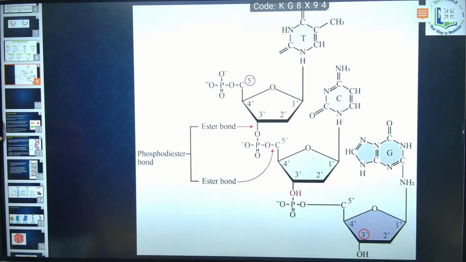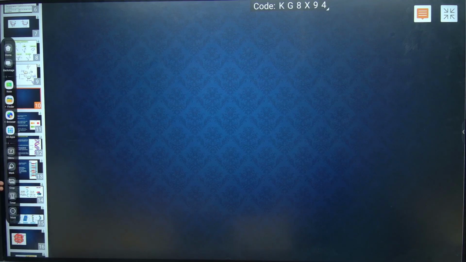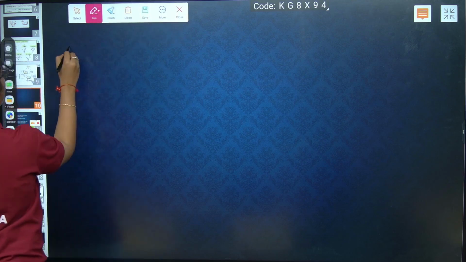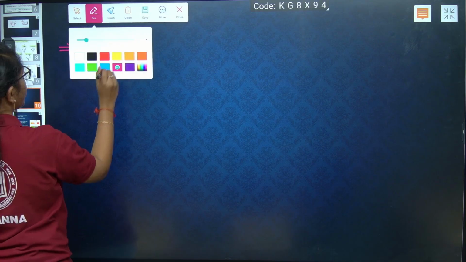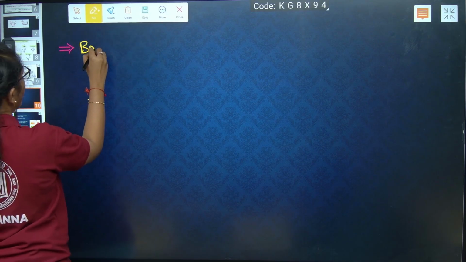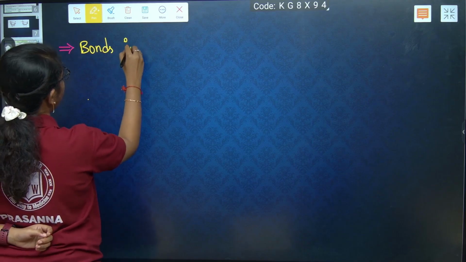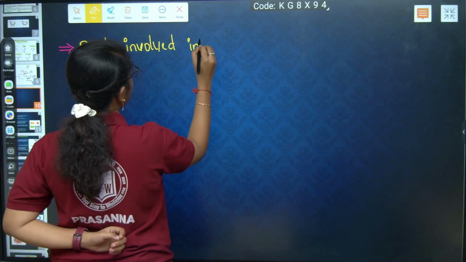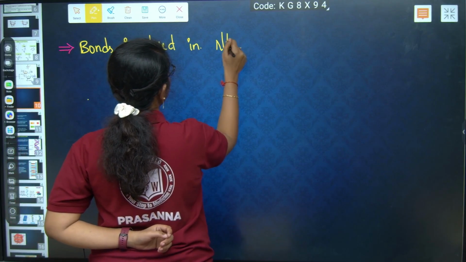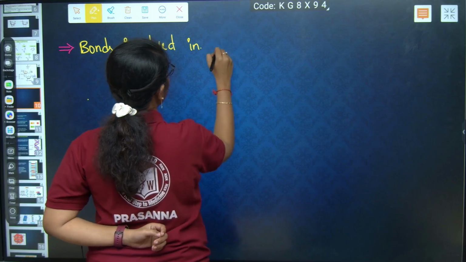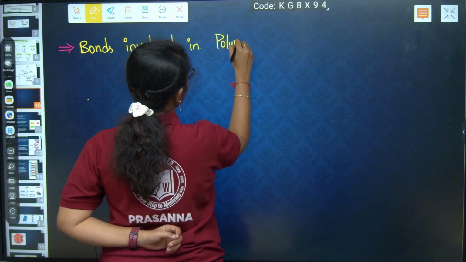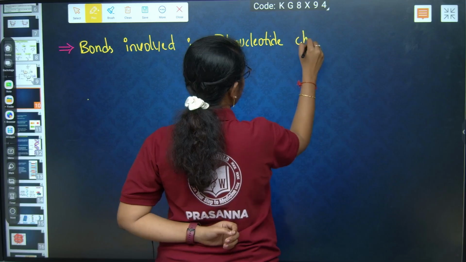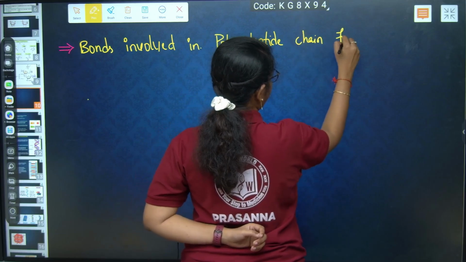If we recall, what are the types of bonds involved in nucleotide and polynucleotide chain formation?